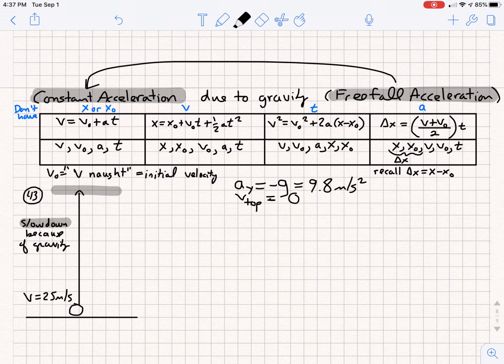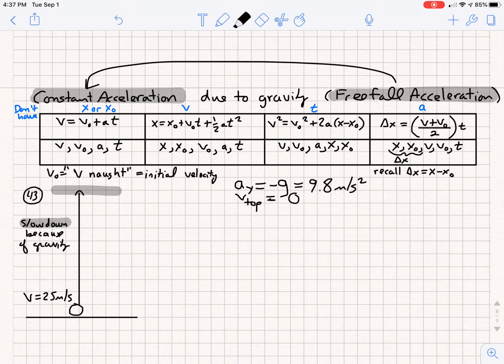It has to be 0 because the ball has to be able to stop, turn around, change directions. Well, what if the object started from the highest point? So say, for instance, somebody dropped a ball from a certain point. Well, that means the velocity at the starting point is 0. So the velocity at the highest point is going to be 0.